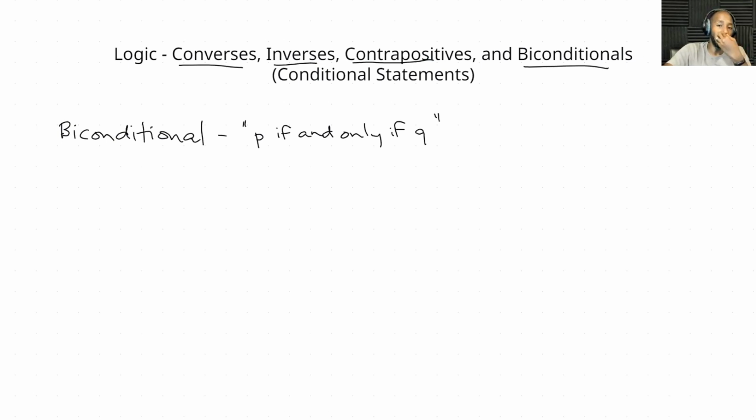If you were to use the symbology, a biconditional would be written like so. You have the conditional, if P then Q, and then that is anded with the converse, if Q then P. So in other words, a biconditional is true if both the conditional and the converse are true.